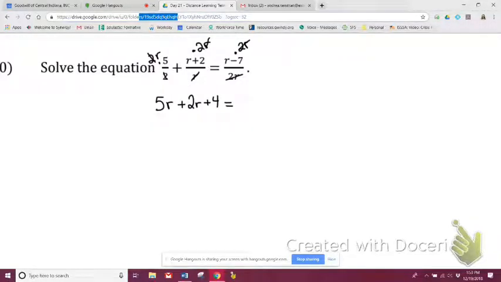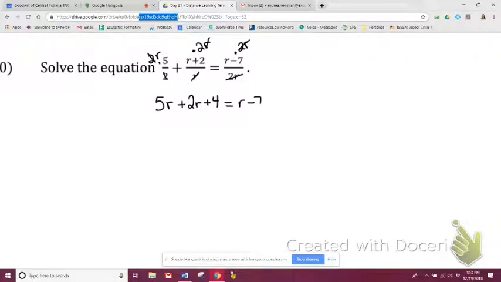Yep, the bottom cancels out with the 2r, leaves you with r minus 7. We did that last term gets multiplied by 2r, but since there's 2r in the denominator, they just cancel each other out. We don't have to because it cancels. If not, you just distribute it.